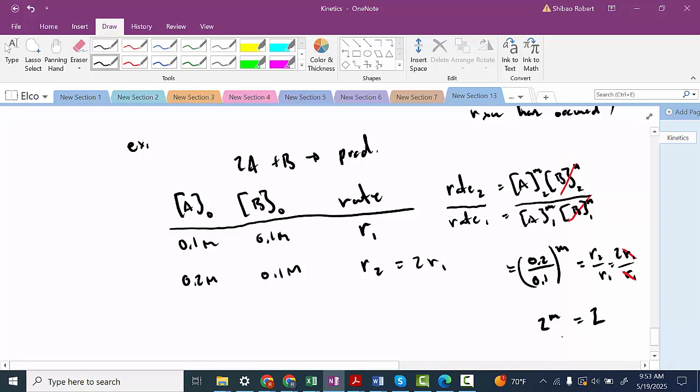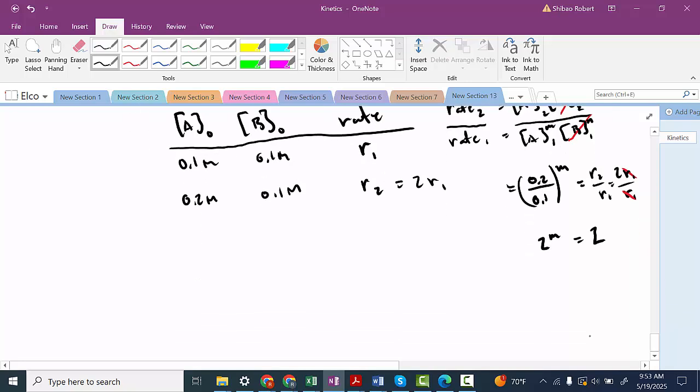Therefore, you could take the natural log or whatever. I don't think we quite have to do that, but in case you would have to, we probably can just eyeball this. We could take the ln of 2 to the M is equal to 2, and then bring the M to the front. So this is going to be M times the ln of 2 is equal to, actually we have to take the natural log of both sides.